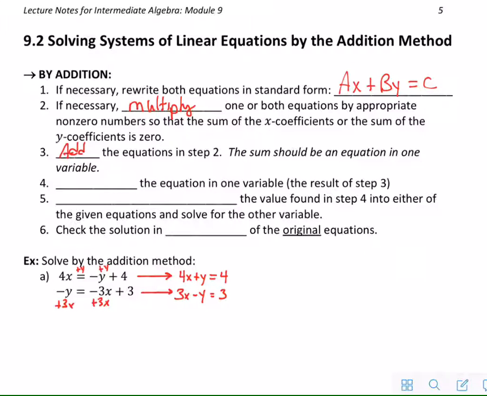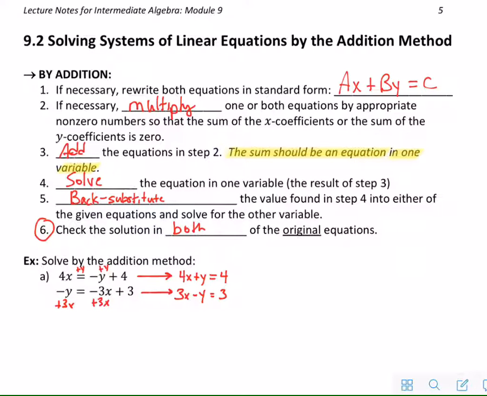That's what I've got here. You might underline that, or I'm going to highlight mine. The sum should be an equation with one variable. So then you solve that equation. Then we back substitute. Just like we did in substitution, once we know one of the variables, we plug it back into one of the original equations to solve for the other variable. And of course, like I've always said, step 6, you can check the solution. You just plug it back into both of the original equations.